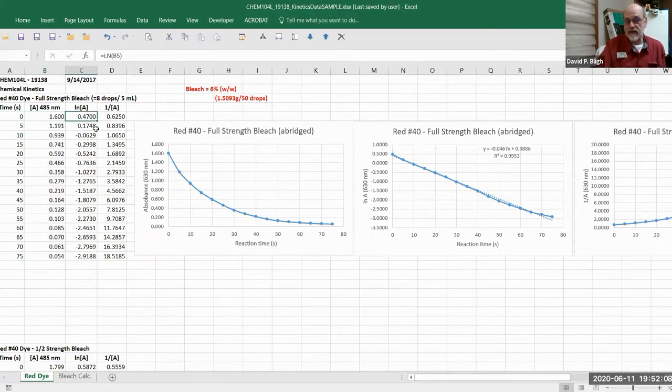Now, how do you make the transformations? Well, in Excel, you know that any formula starts with an equal sign. So here we have the equal sign, and then LN is the formula for natural log, and then within parentheses, your reference cell. And the reference cell for this one is just next door, B5.